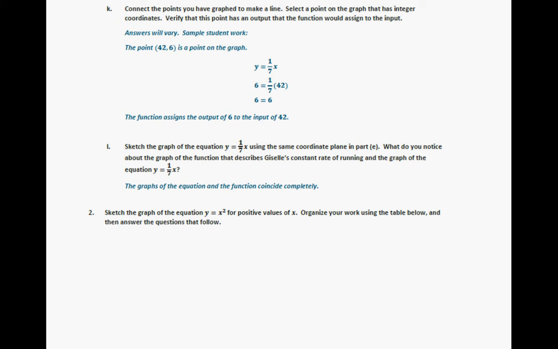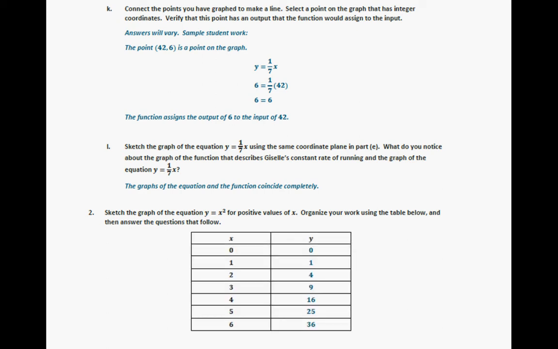And for number 2, sketch the graph of the equation y equals x squared for positive values of x. Organize your work using a table below and then answer the questions. Again, start with the first value of x, plug it in, and that will give you the answer for y. And you should have a table that looks like this.